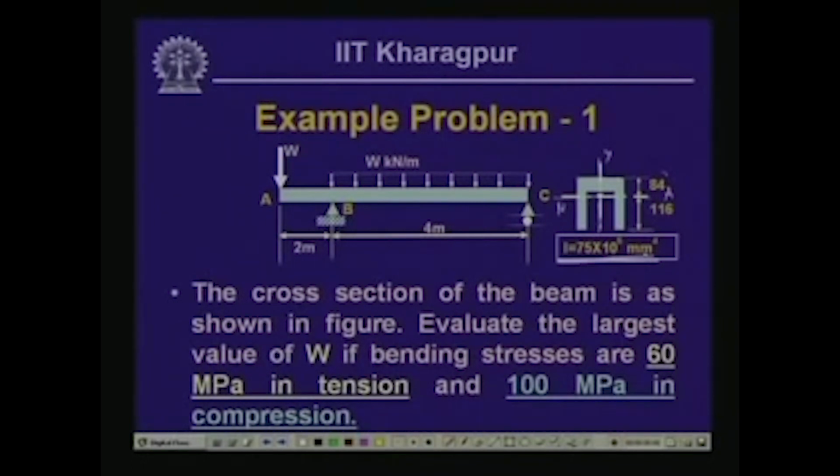Now, this particular beam is subjected to a concentrated load at this overhang part, and over this length there is a load of capital W per meter length. We need to evaluate the value of W so that the bending stresses are 60 megapascal in tension and 100 megapascal in compression.